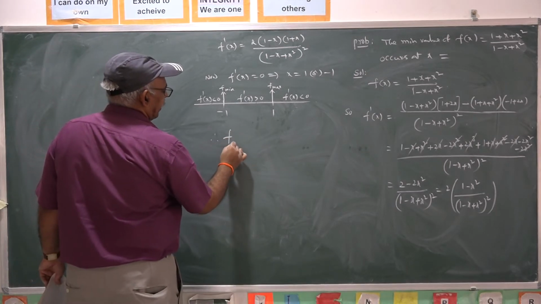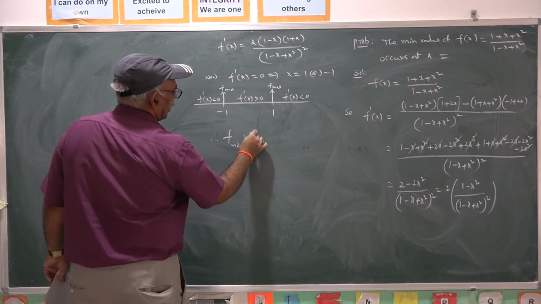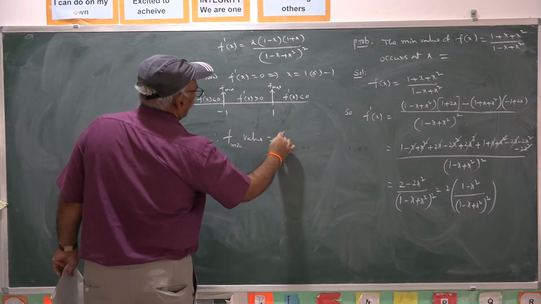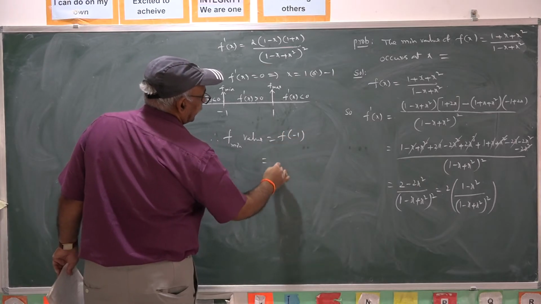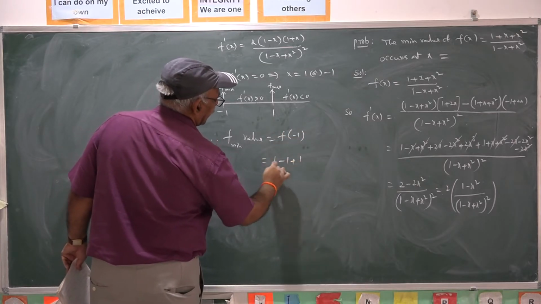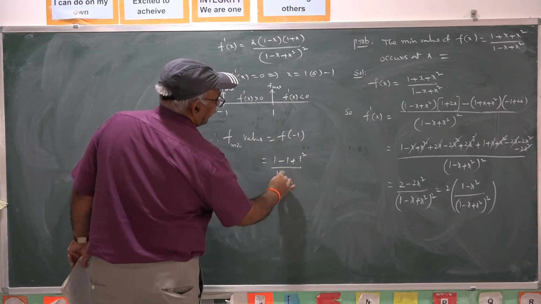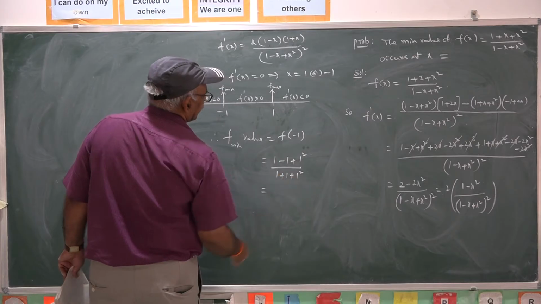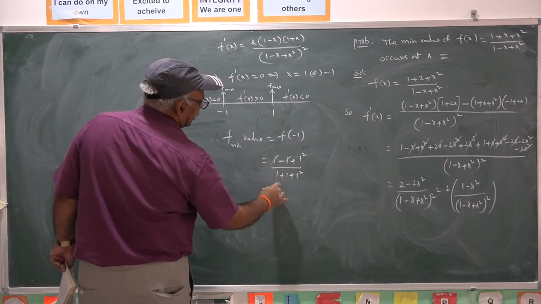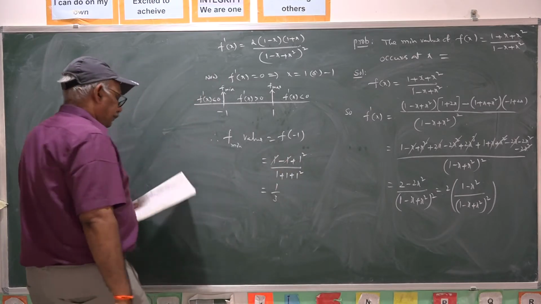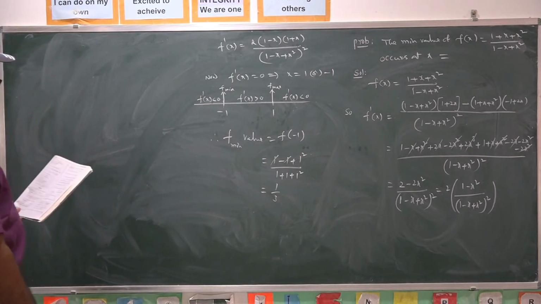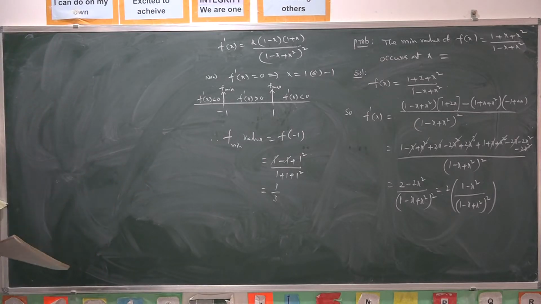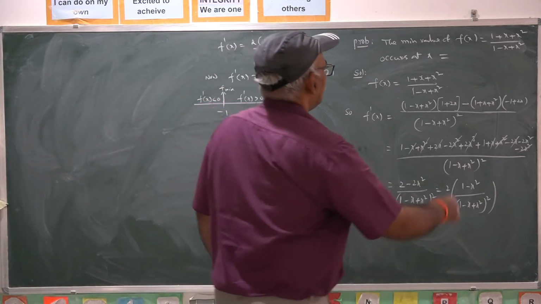So f minimum value is f of minus 1, that is (1 minus 1 plus 1 square) by (1 plus 1 plus 1 square), of course minus 1 square it is. This is 1 by 3. The minimum value occurs at x equal to minus 1.